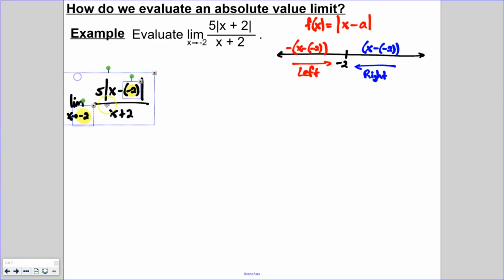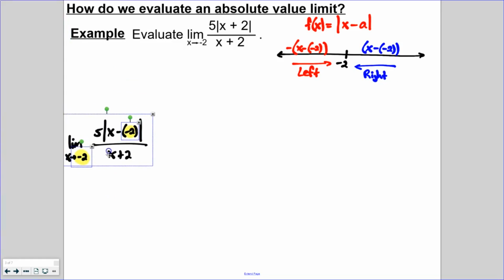Now, let me just move this down a little bit to give me more room. All right, since we're looking at a two-sided limit, we have to take a look at each of the one-sided limits. So I can break this absolute value limit apart. I'm first going to have the limit as x approaches negative 2 from the left, and this is going to be 5 times the quantity.